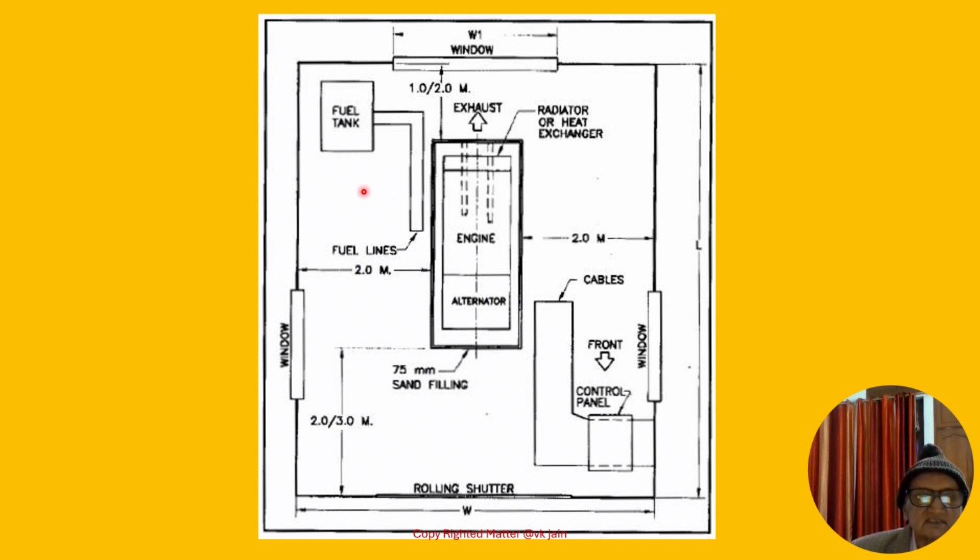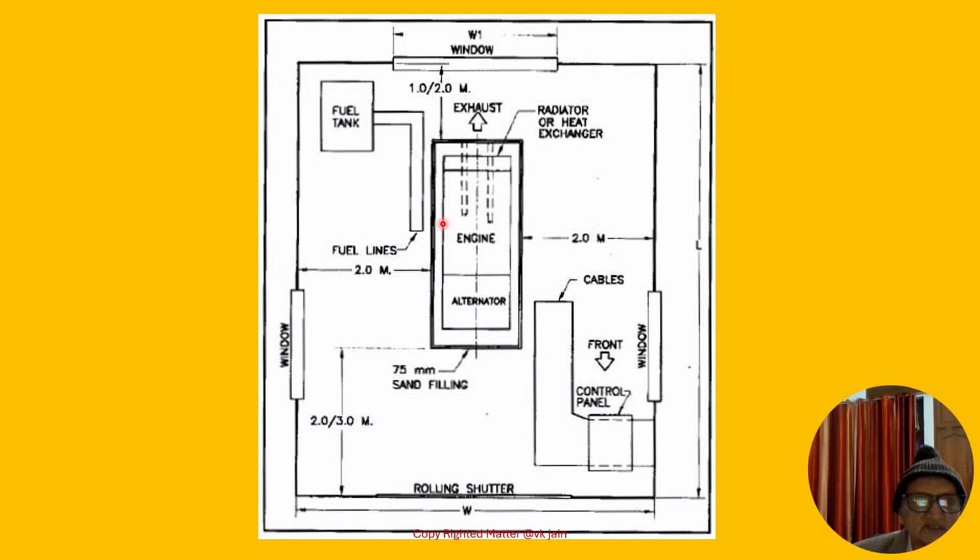Friends, this diagram shows a diesel generator machine room where only one diesel engine is provided. This shows all the clearances which are required as per National Building Code, and the way of mounting the diesel generating set, which is with fuel tank.